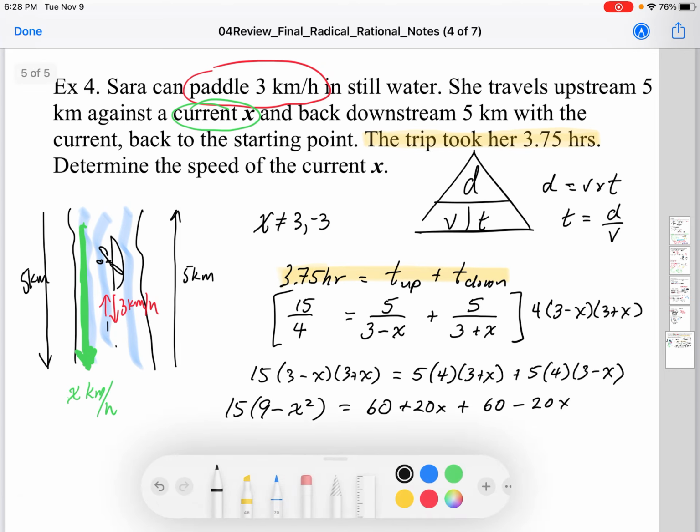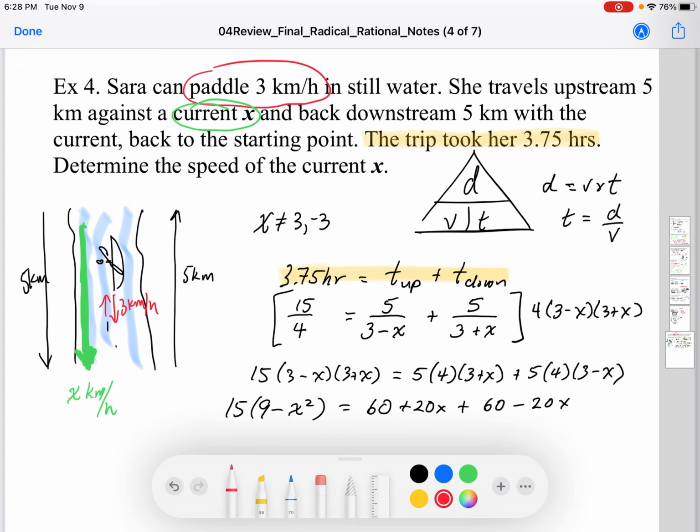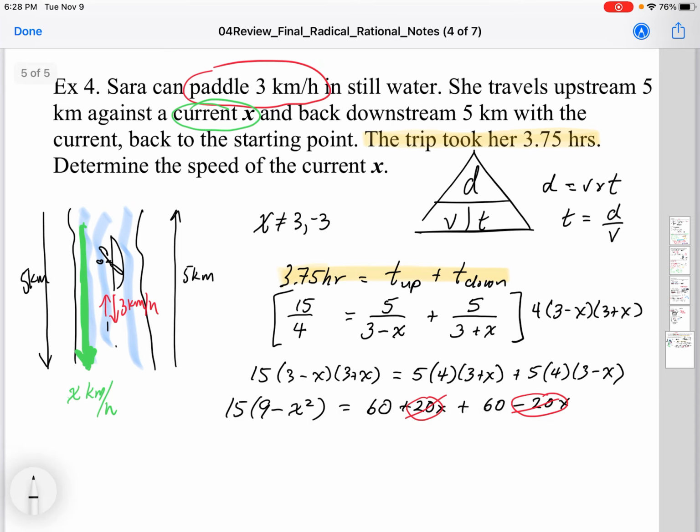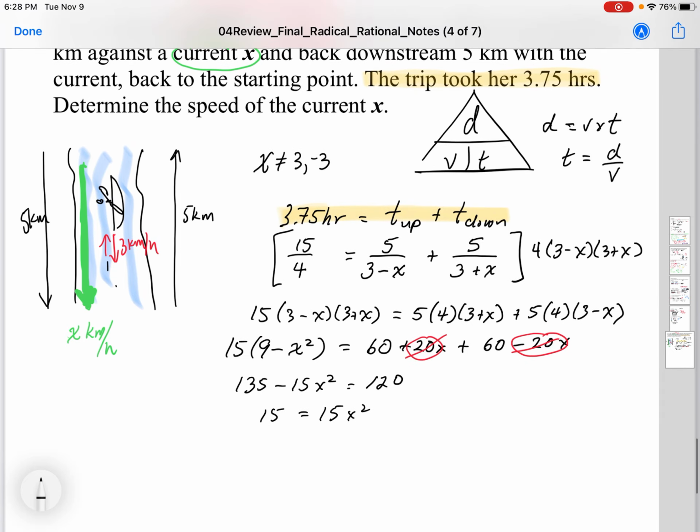As this equation is resolving itself, we can see that they have some zero pairs, so those cancel out. On the left-hand side, I'm going to go 15 times 9. That's going to be 135 minus 15x squared. That's going to equal 120 on the right-hand side. I'm going to subtract 120 from both sides, add 15x squared to both sides, and solve for x.